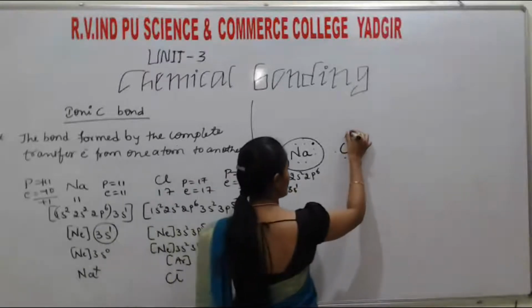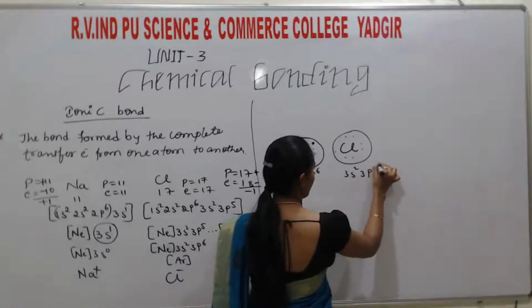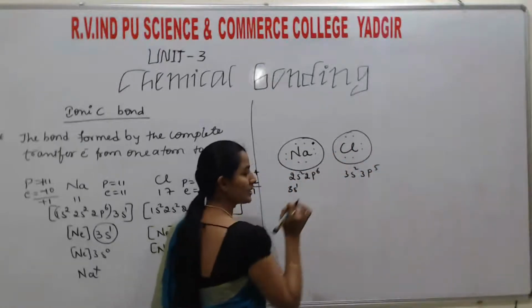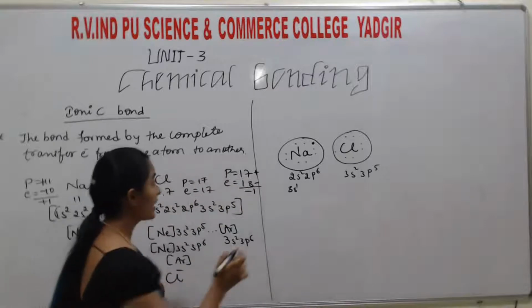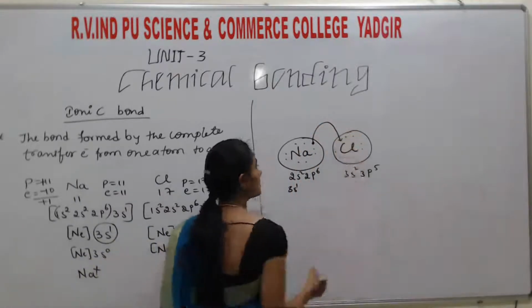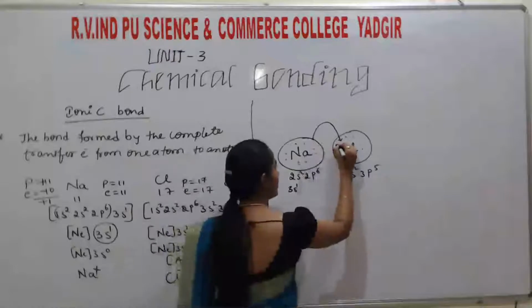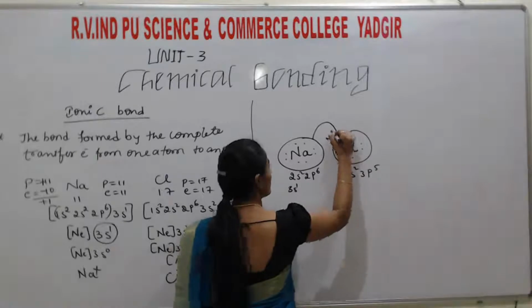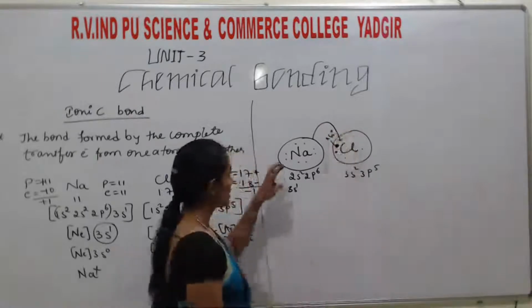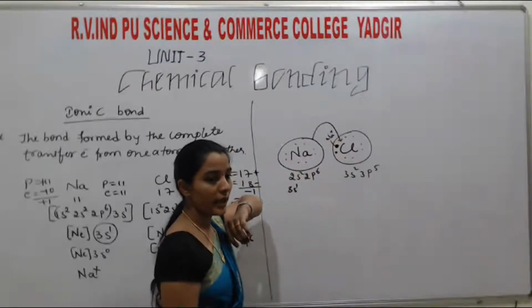So here this is 3s2, 3p5. Correct? One electron is less here. Then what happens? The extra electron from sodium is completely transferred to this Cl. So then the loss of electron takes place here and gain of electron takes place here. This is the electron from sodium. Okay. So here also it satisfies the 8 electron system. Here also it satisfies the 8 electron system.